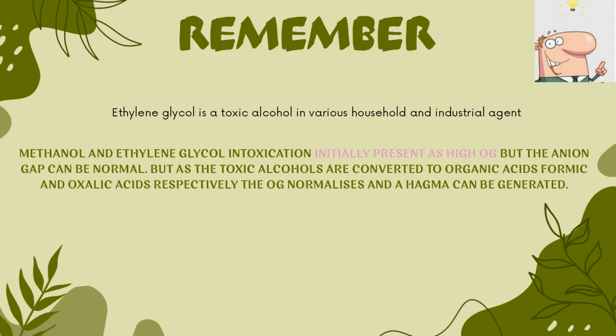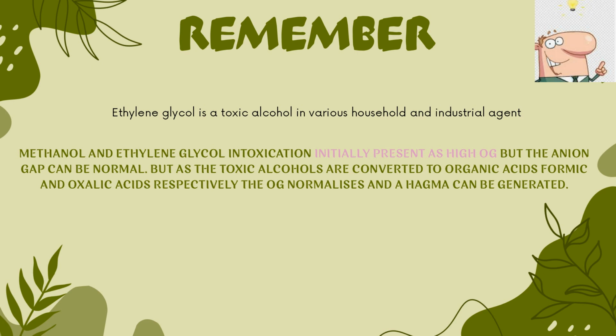Whereas with methanol and ethylene glycol, the situation is a bit different. Here, initially they present as high osmolar gaps, but as metabolic products accumulate and organic acids are formed, the osmolar gap gets converted into a HAGMA. So they too initially only will present with an osmolar gap, which later becomes a HAGMA.